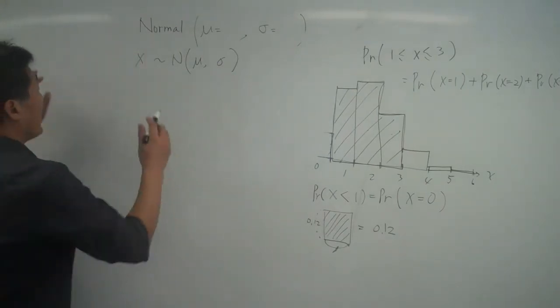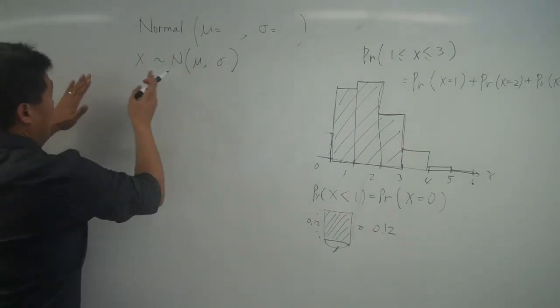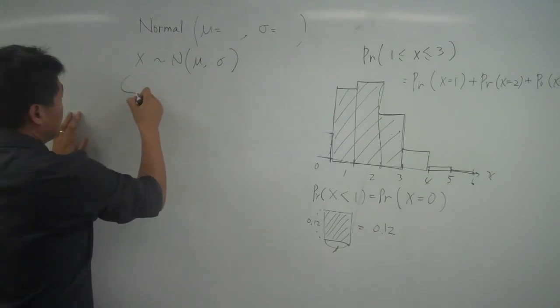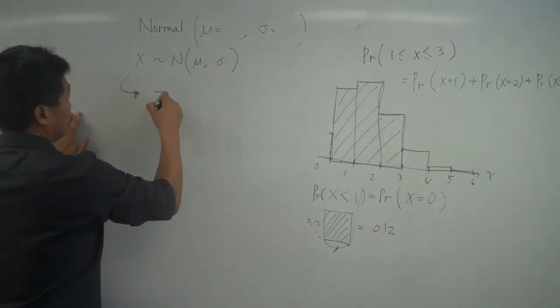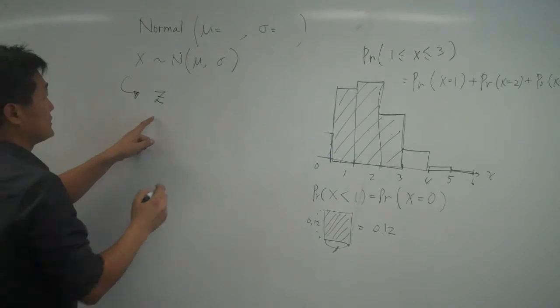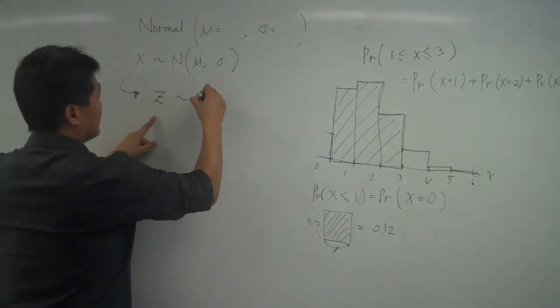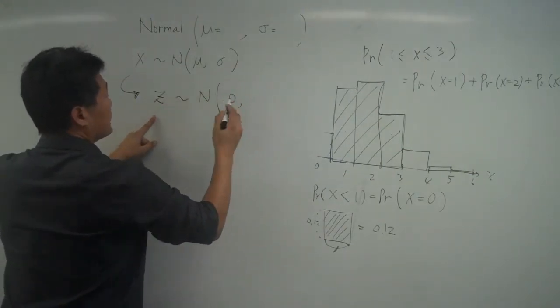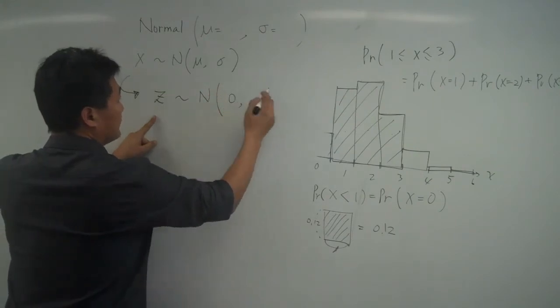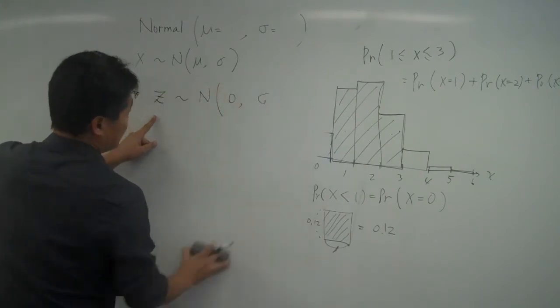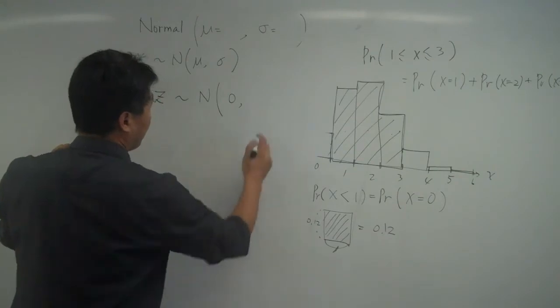And every normal distribution can be transformed to a standard normal distribution, which has mean 0 and standard deviation 1.